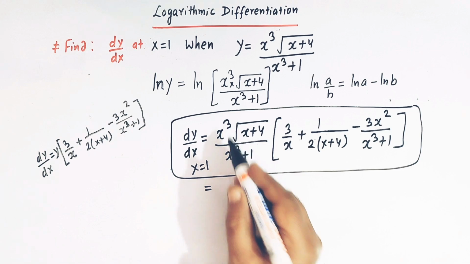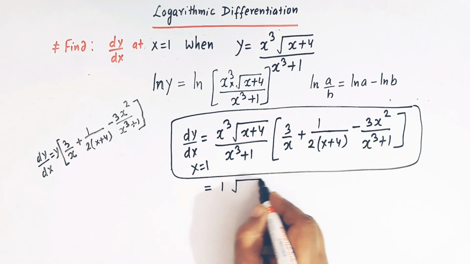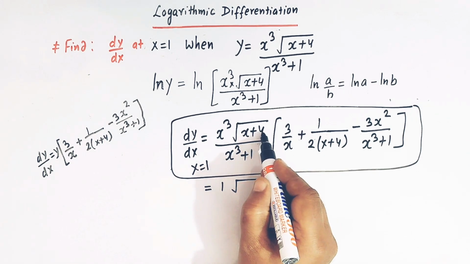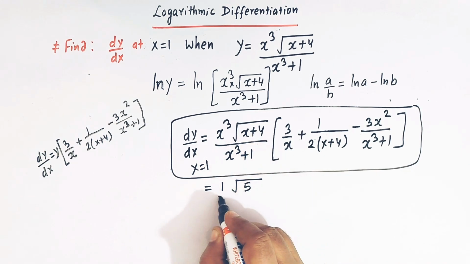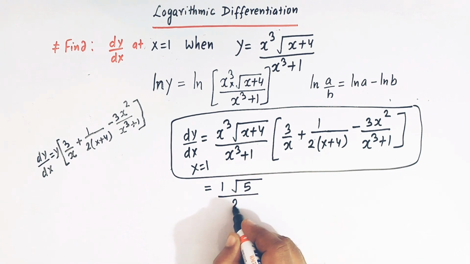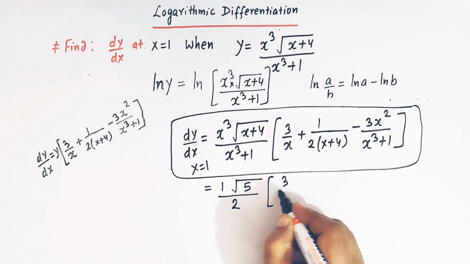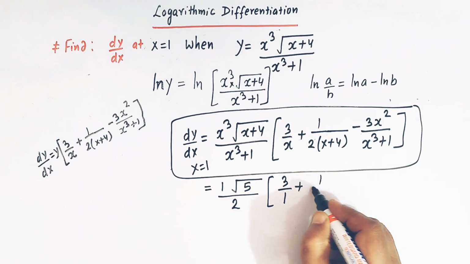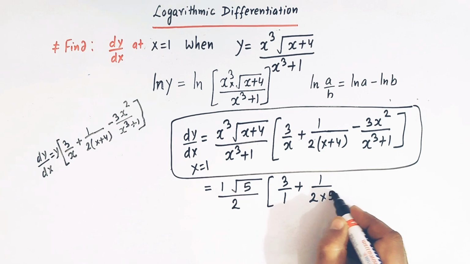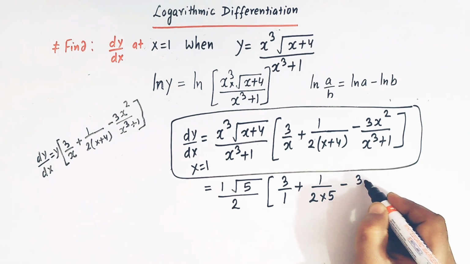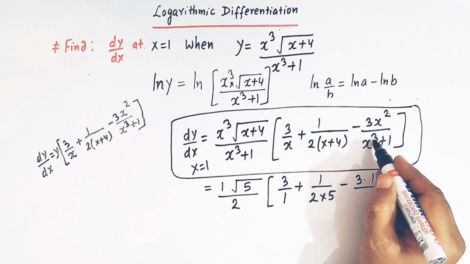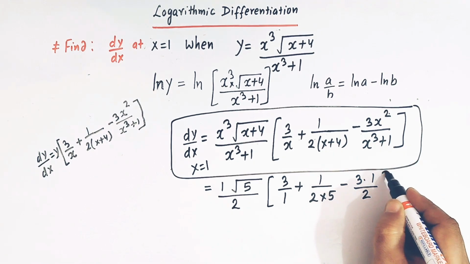So here we have 1 cube is 1, then we have square root of x plus 4. So 1 plus 4 is 5, and 1 cube is 1, 1 plus 1 is 2, and then we have 3 over 1, then we have half, 1 plus 4 is 5, then we have 3 times 1 square is 1, 1 cube is 1, 1 plus 1 is 2, right?